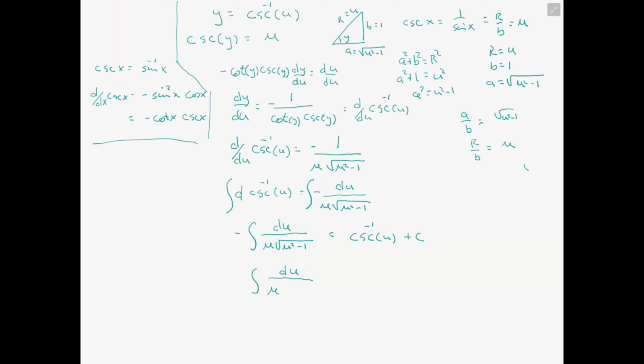Or we can say du on u square root of u squared minus 1 equals minus arc cosecant u plus c. And we have our final results.